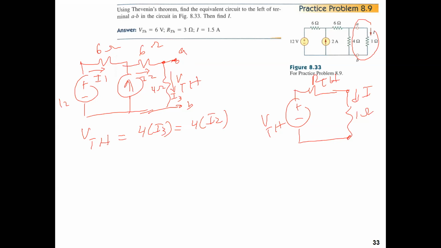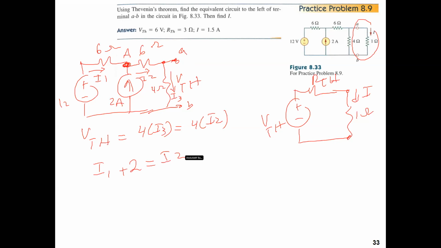According to the rules of nodal analysis, we have I1 coming in and the 2 amps coming into the node. Here's a node; apply KCL at this node. If we call it node A, then I1 plus 2 is equal to I2.